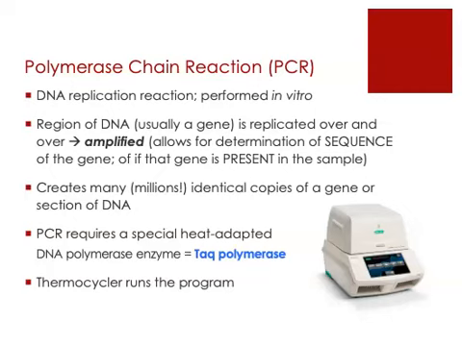If it's present, you'll amplify it. You'll make many, many copies of it. If it's not present, you won't. PCR is a technique that can create millions of copies of a gene or other section of DNA.